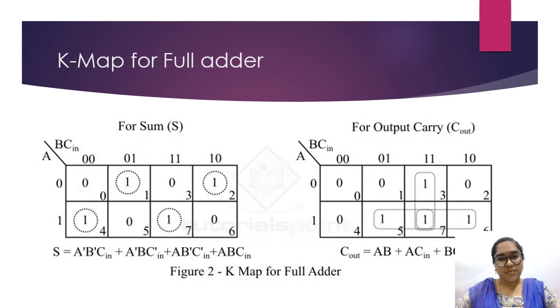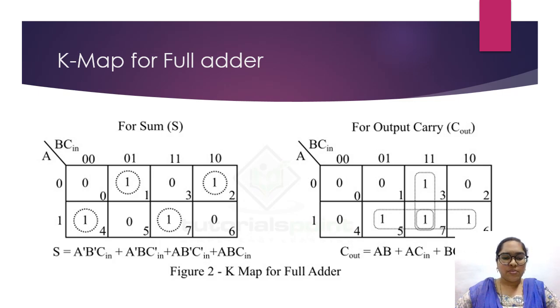Now let us look at the K-map simplification of the full adder. I have presented the K-map simplification for sum and for carry. How we write a K-map simplification, we all know. So the sum and carry equations are obtained through the simplifications. Let me read out the equation for you.